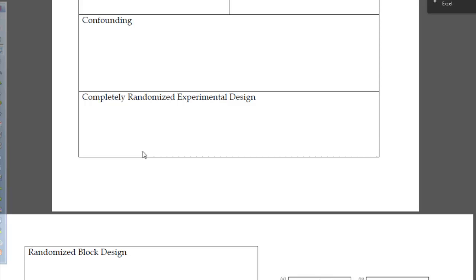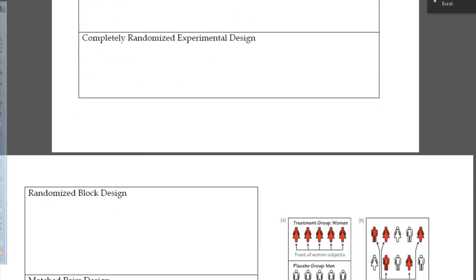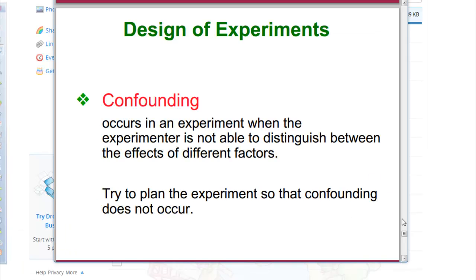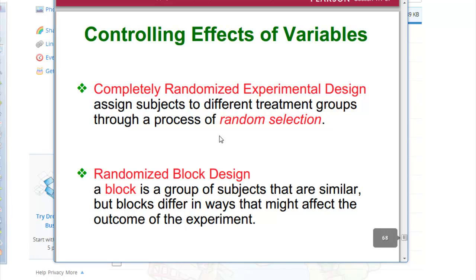Okay. Let's see. Then we were going to talk about completely randomized experimental design. And since I got that here, let's go ahead and use it. Okay, when we talk about completely randomized experimental design, we assign subjects to different treatment groups through a process of random selection. And then we've got the randomized block design.